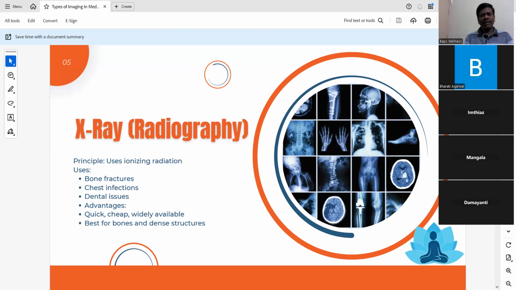Where it is commonly used: one, to study the bones, any deformities or fractures in the bone or the joints, like bone fractures, joint dislocations, or, in the case of rheumatoid arthritis or osteoarthritis in the joints, to study the level of damage.